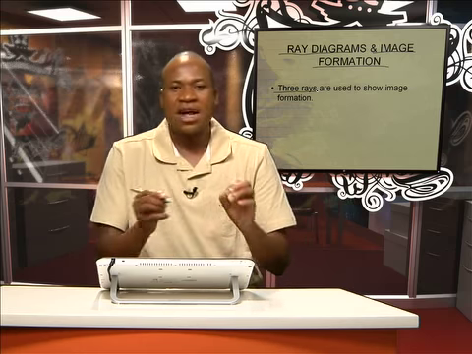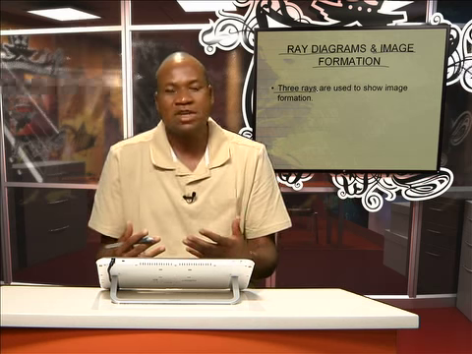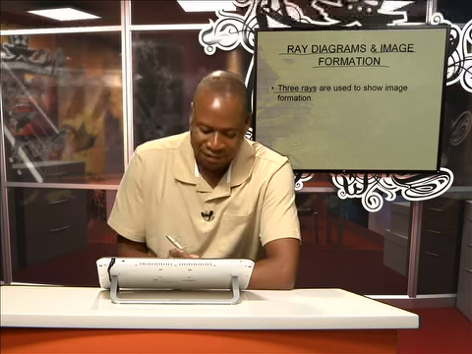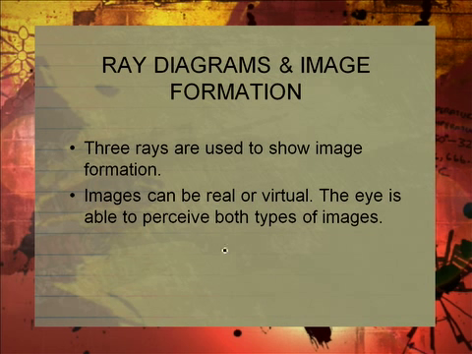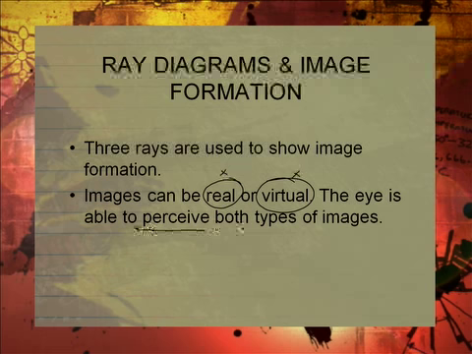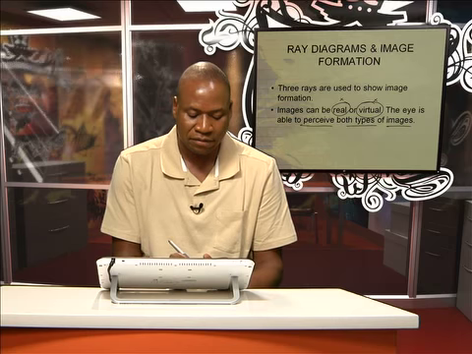But for convenience, because we are to draw this diagram to show how an image is formed, we make use of 3 rays. And next, we need to know that the images of the objects that are formed can either be real or virtual. The eye is able to see or perceive both types of images.